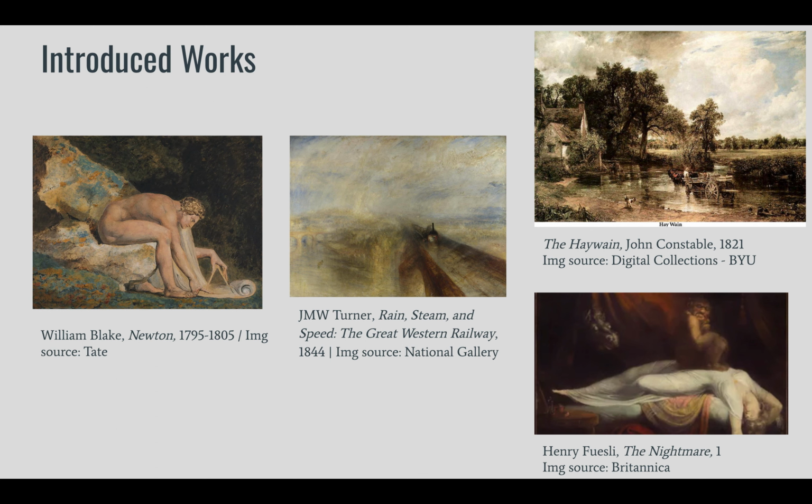One of my favorite artists is Turner, and really powerful landscape scenes. He achieves this emotional reaction through his dramatic landscapes and use of color, his brushwork. A lot of his scenes have nods towards the Industrial Revolution, like this scene here: Rain, Steam, and Speed, the Great Western Railway.